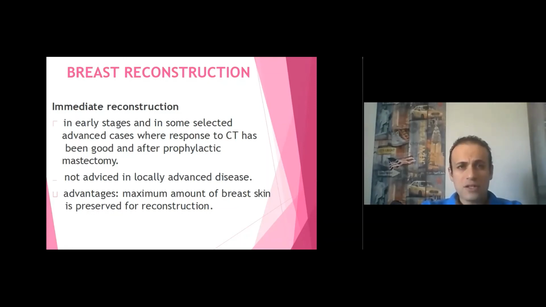In early stages and in some selected advanced cases. It is not advised in locally advanced disease, because of course it needs radiotherapy, and it is recommended to wait until after the treatment and radiotherapy, and then we can make the reconstruction operation.